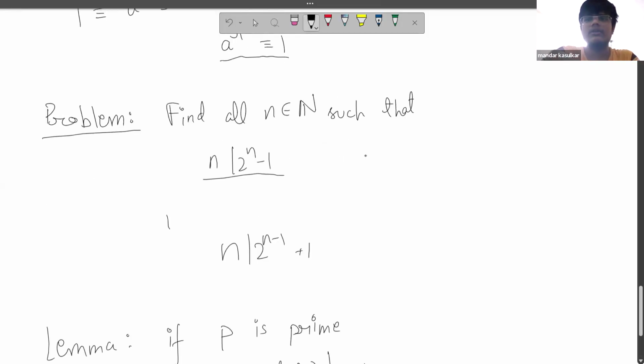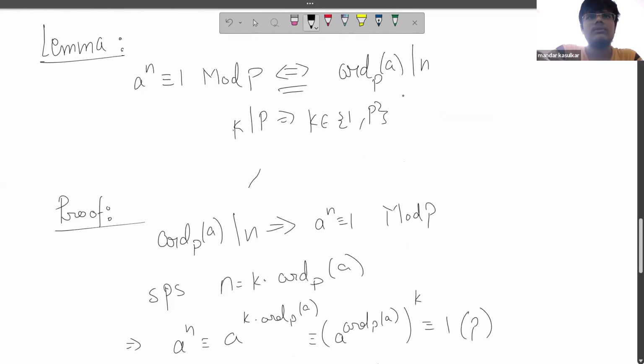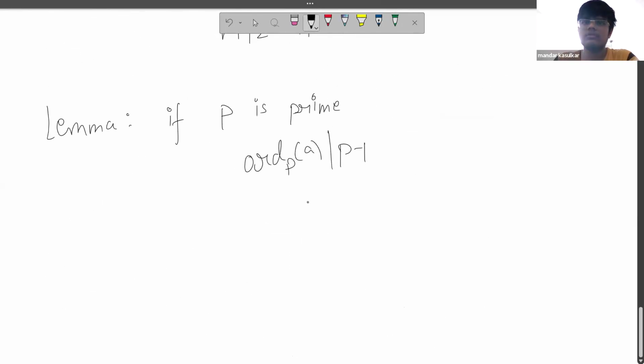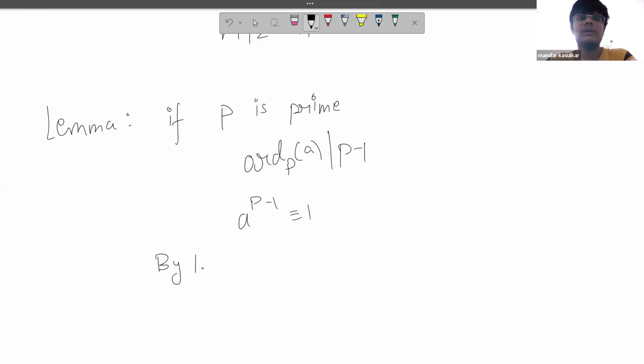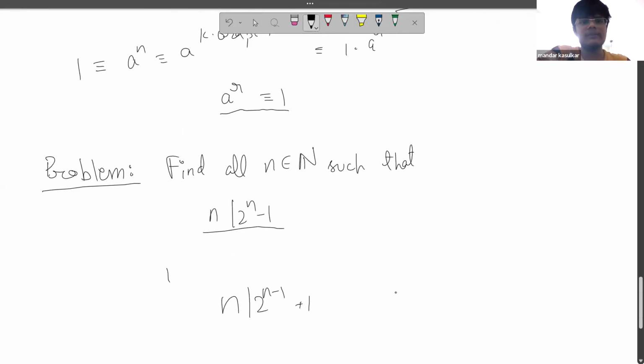This is a direct corollary of Fermat's little theorem. Yes, precisely. Fermat's little theorem tells us that A to the P minus 1 is congruent to 1, and then by lemma 1 we conclude. Okay, my English is still bad. Either way, now we have the machinery to solve the first problem.